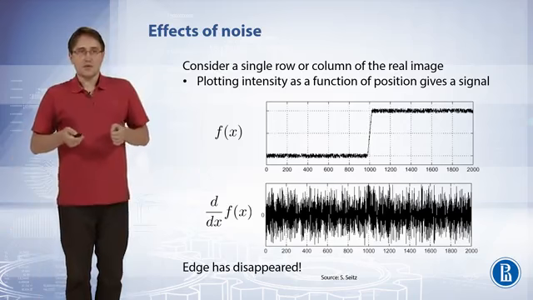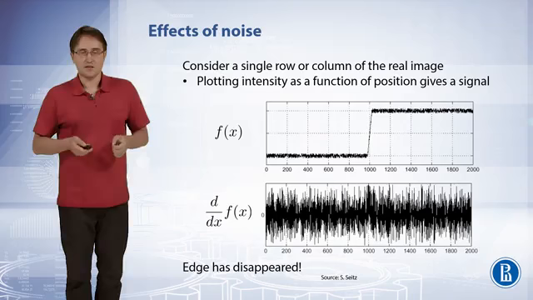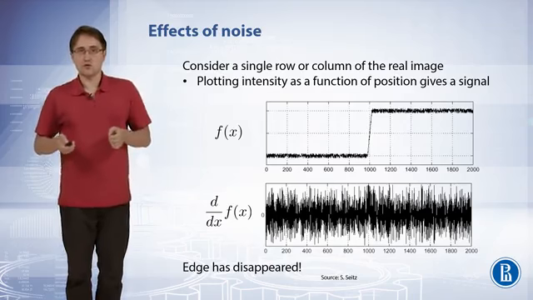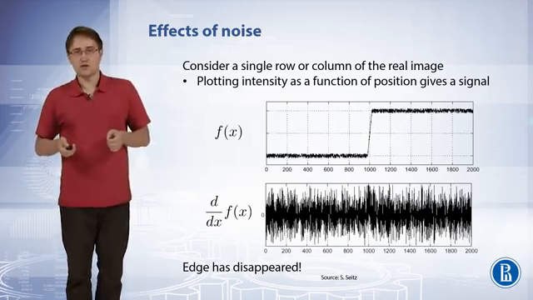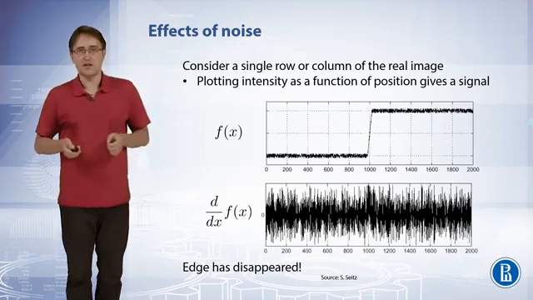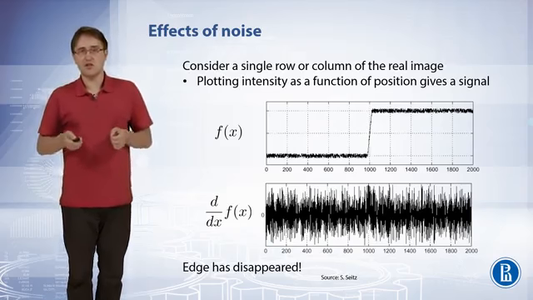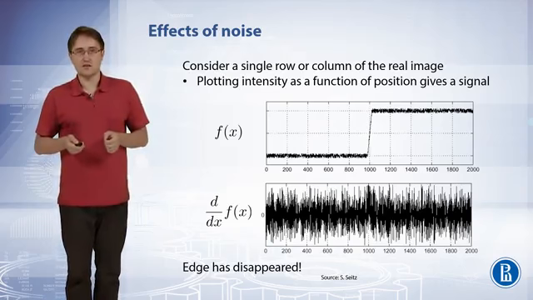Noise results in pixels that look very different from their neighborhoods. So finite difference will produce a lot of false responses. Generally, the larger the noise, the stronger the response and the larger the number of strong responses. So if image contains noise, then the real edge can disappear, like it's demonstrated in this slide.